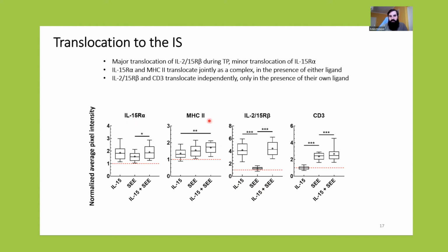The alpha subunit and the MHC2 translocate seemingly jointly as a complex in the presence of either ligand, while the CD3 and the beta translocate completely independently, only in the presence of their own ligand.